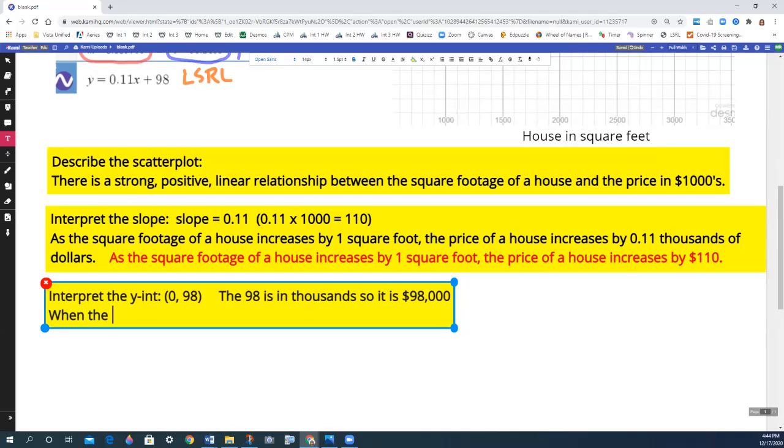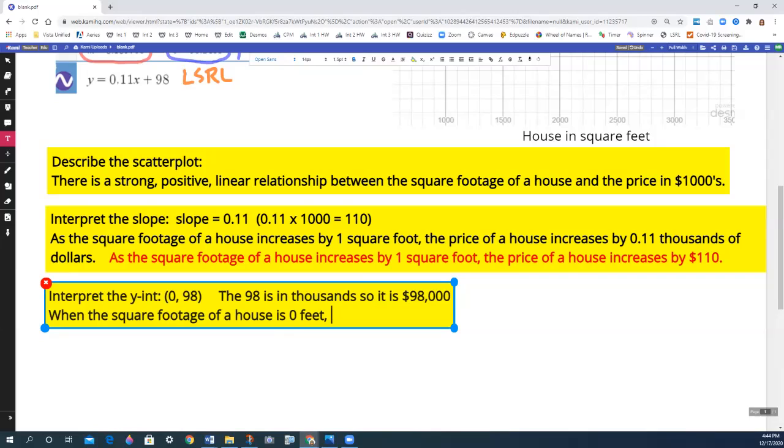So when the square footage of a house is 0 feet, and sometimes the y-intercept does not make sense in the problem, but the equation as your x's get bigger will make sense. So sometimes when it's close to the y-intercept, it doesn't really make sense that if your house is 0 feet, that it's going to cost $98,000.